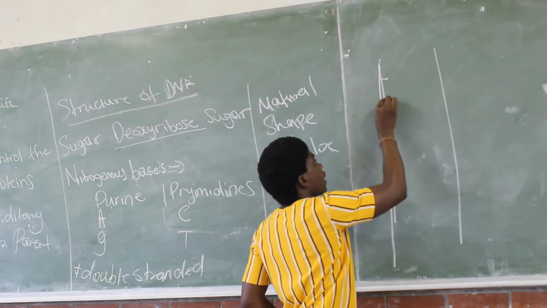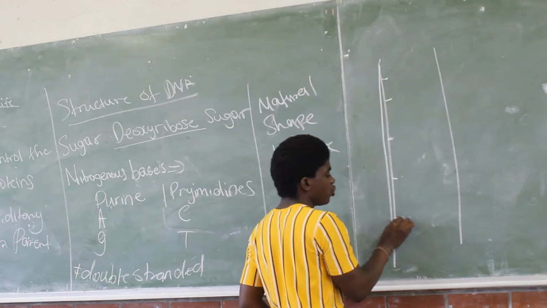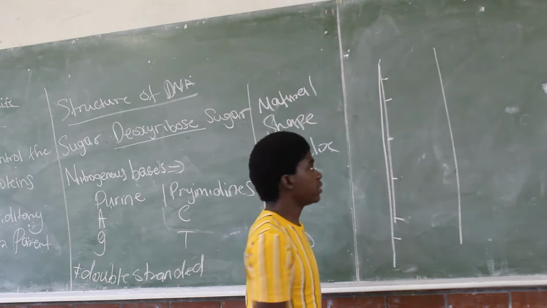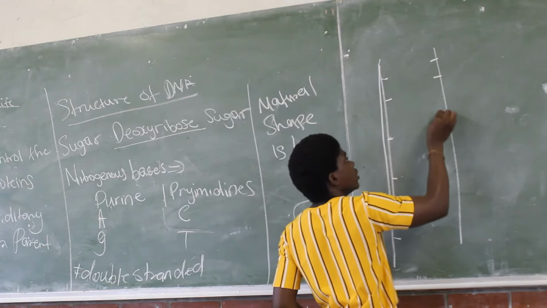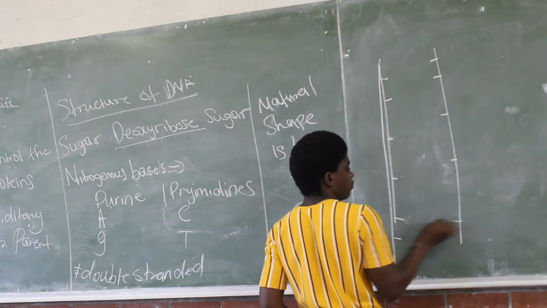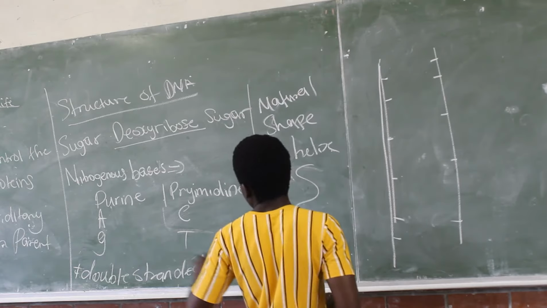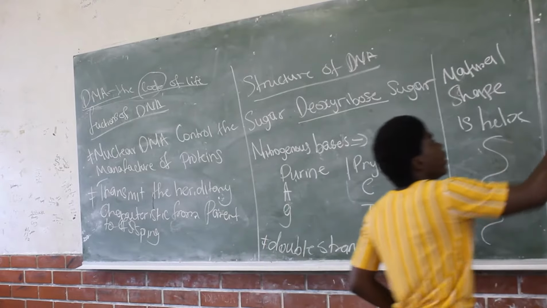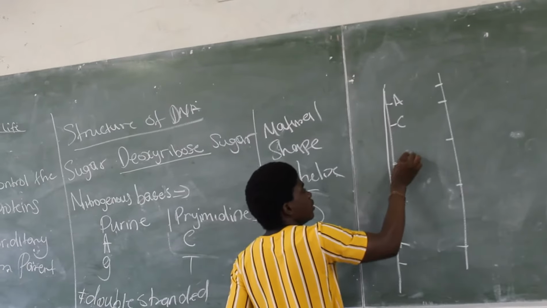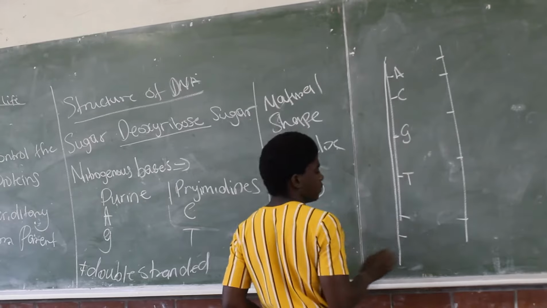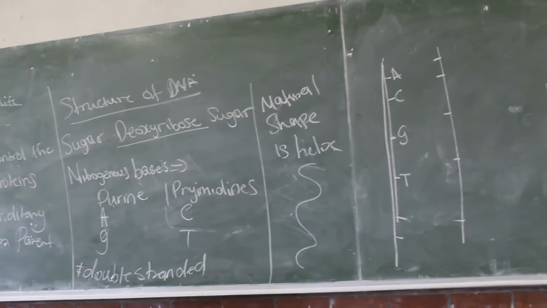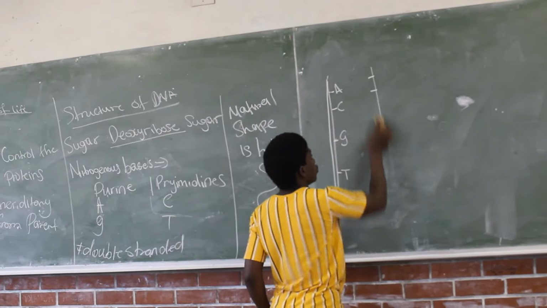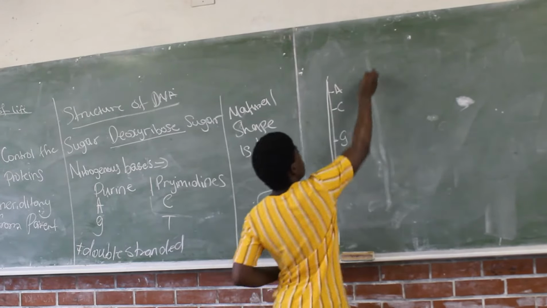And then within each nucleotide, let's say these are your nitrogenous bases. Let's say we have adenine, cytosine, guanine, thymine. Let me just do a short strand, not all of them.